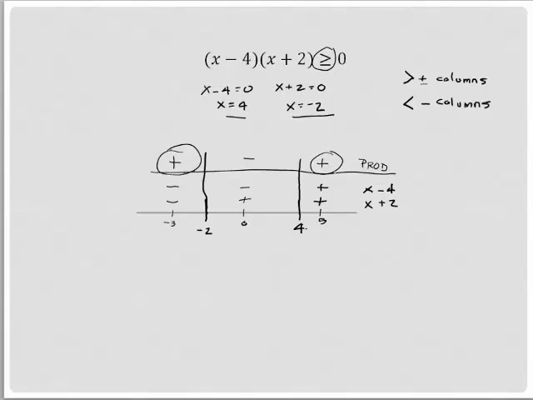Now, it's greater than or equal to, so I have a solid dot here, and it's this column, isn't it? The positive column. And again, it's a solid dot, and it's this column.